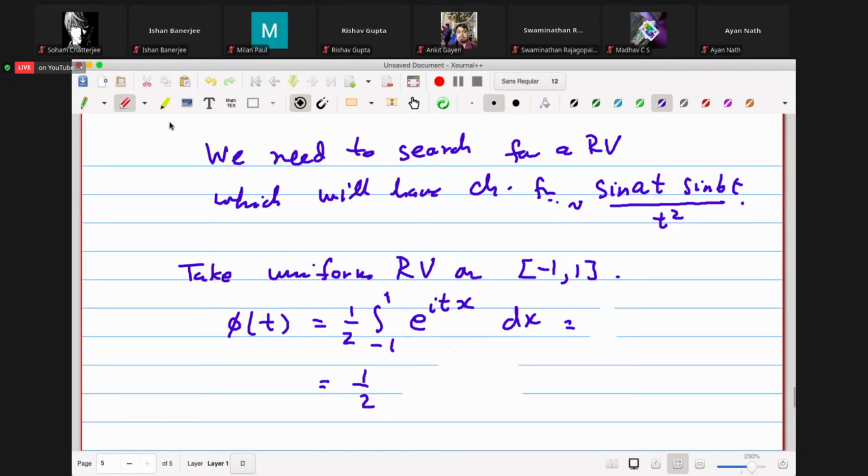The sine part drops out, only the cos tx part remains, and this is an even function, so I just get 2 times the integral from 0 to 1 of cos tx dx, times 1 by 2. That is equal to sin tx by t between 0 and 1. When you put 0, you get 0. When you put x equals 1, you get sin t by t.